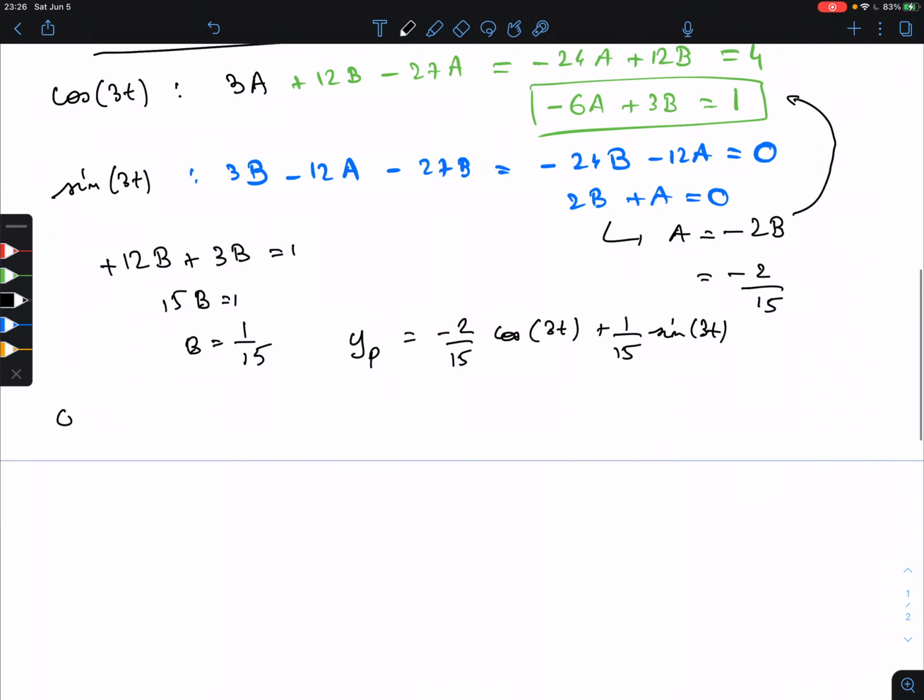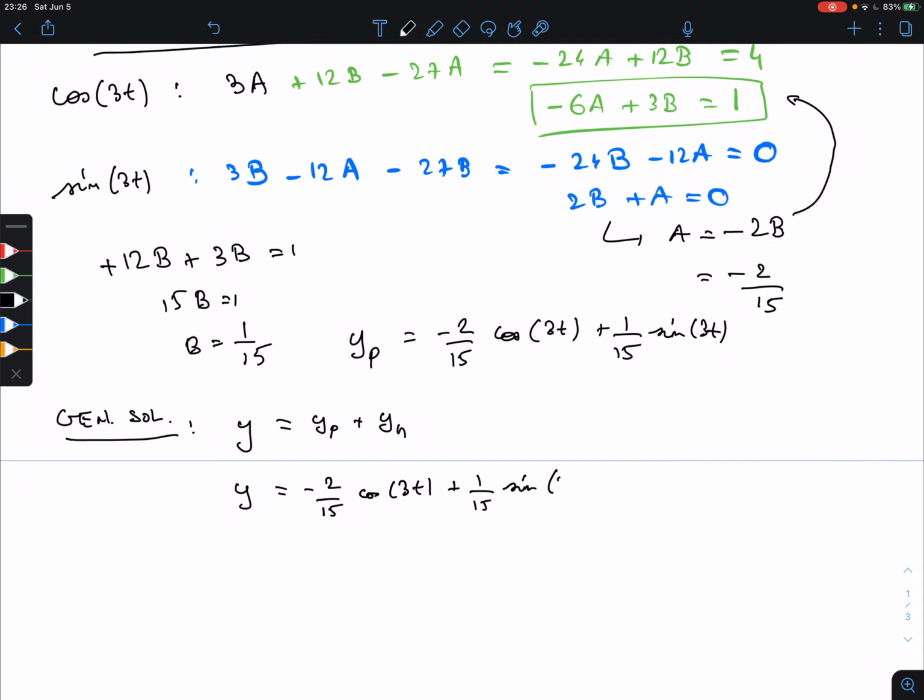So the general solution would be the particular plus the homogeneous. And so this would be minus 2 over 15 cosine 3t plus 1 over 15 sine 3t.